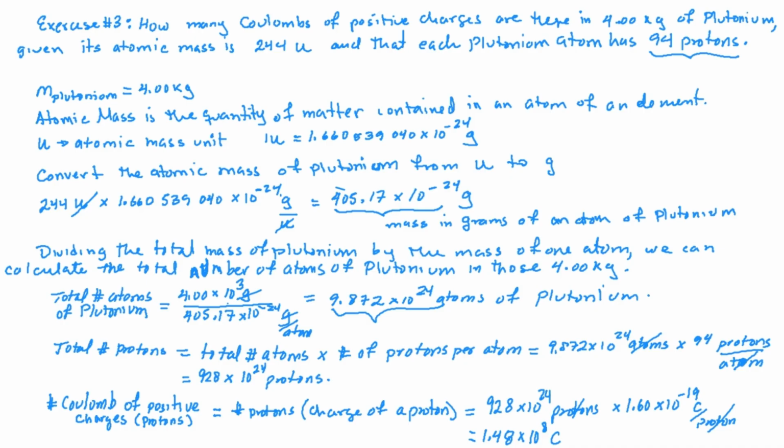When I multiply the total number of atoms times the number of protons per atom, I get the total number of protons in the 4 kilograms of plutonium. And when I multiply the total number of protons times the charge of the proton, we can calculate the total positive charge in the 4 kilograms of plutonium.